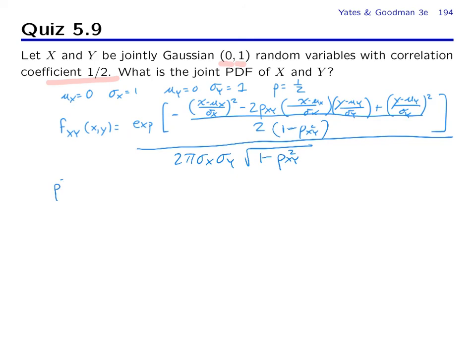So now rho squared, since rho is a half, is equal to a quarter.